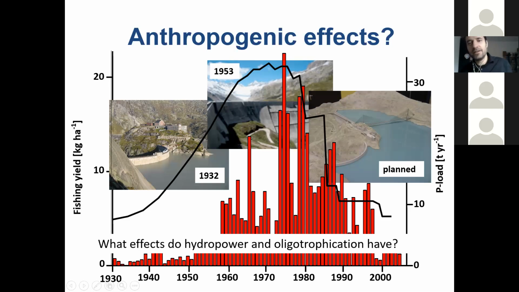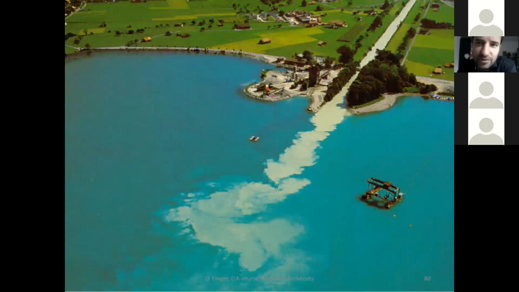And of course, maybe it's also a generation shift, but the fishermen, they were all complaining since the 70s that fishing yields are dropping and that something is happening to the river, and they were finger pointing to the hydropower reservoirs upstream. And of course, if you live down at Lake Brienz, you can see that the hydropower reservoir releases pretty turbid water into the lake.